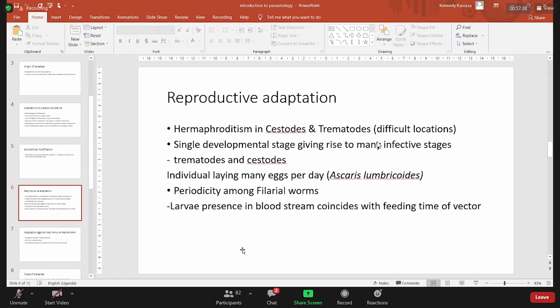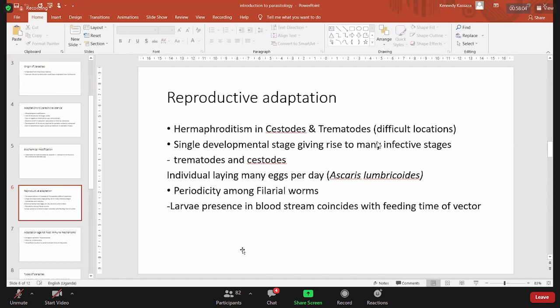For example, Ascaris lumbricoides can lay up to 2,000 eggs per day. So even if some of them are deposited in a pit latrine, a few may survive and propagate the species.